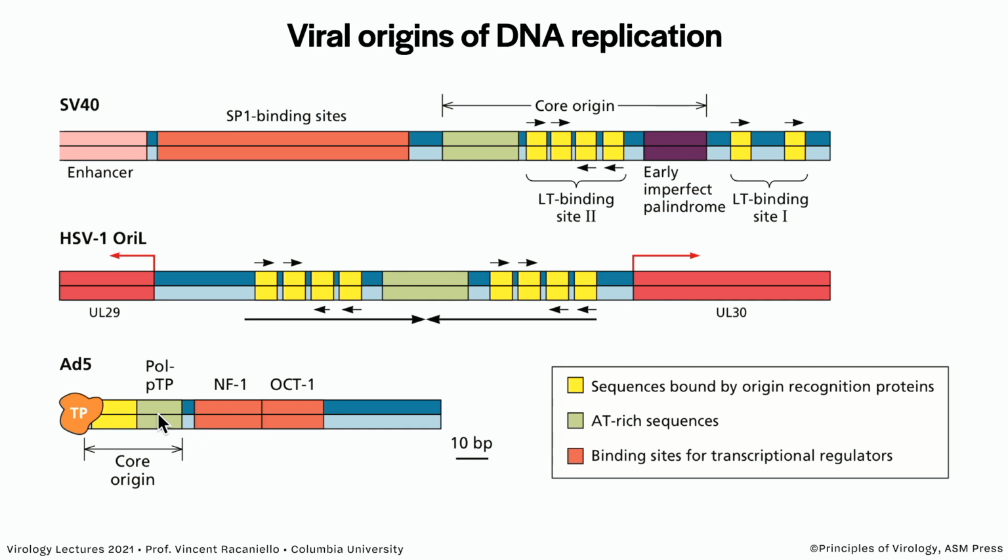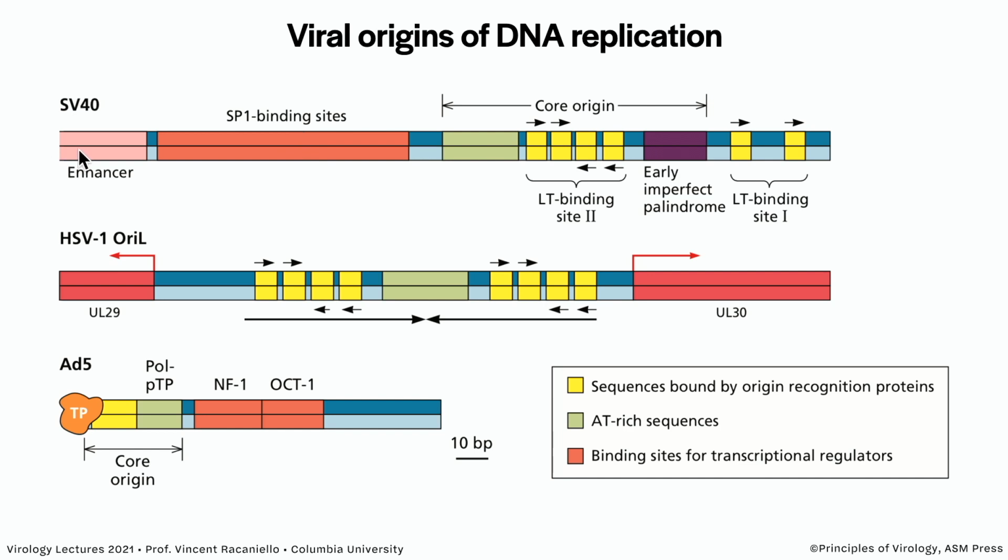The other feature that I haven't told you about is that these viral origins often have binding sites for transcriptional regulators because they're often promoters in these regions as well. Right next to the SV40 origin, there is a promoter, which is not shown here. And these are the SP1 binding sites from that promoter.